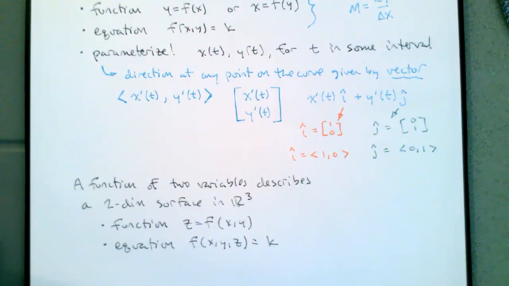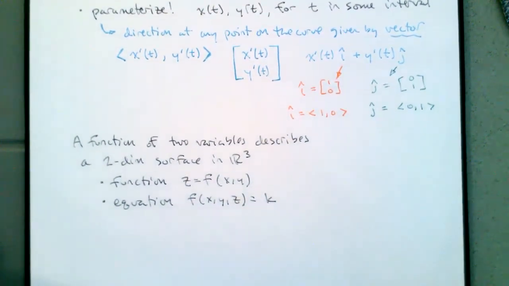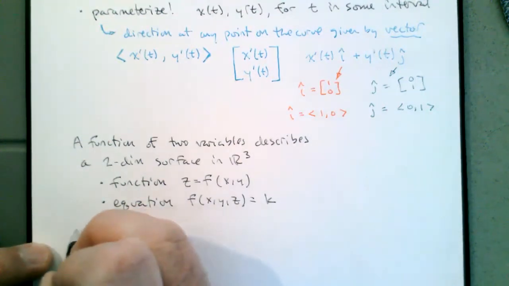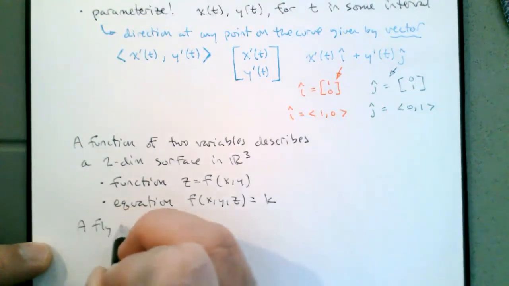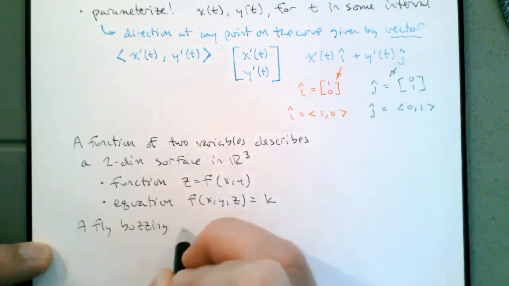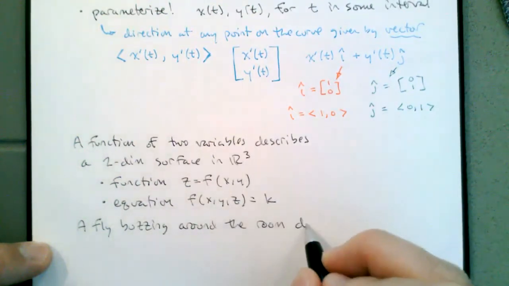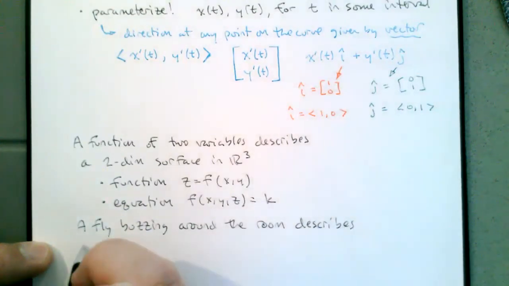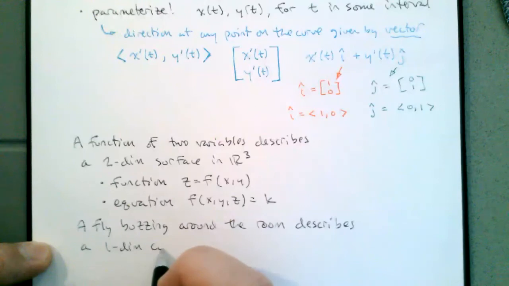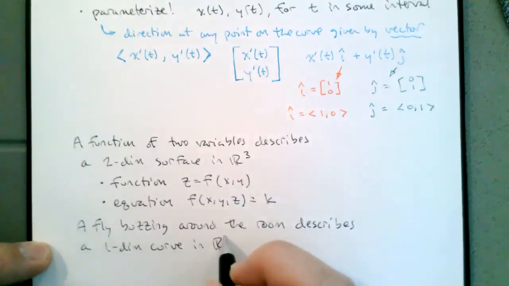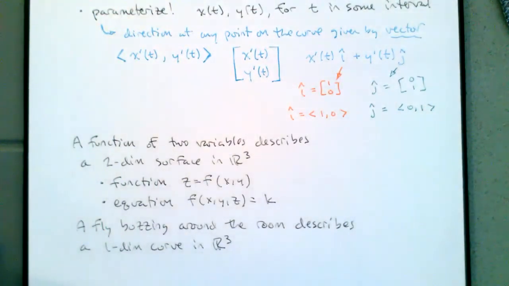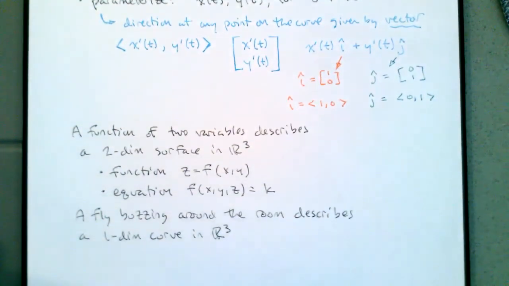So our object can be one less dimension than the entire space, or two less dimensions than the entire space if we have enough room.